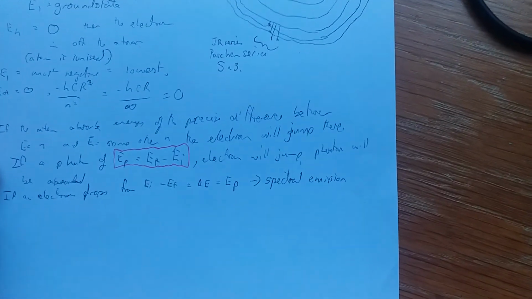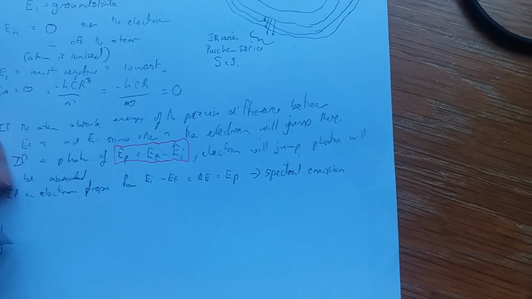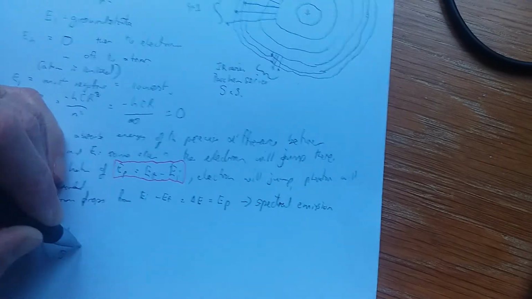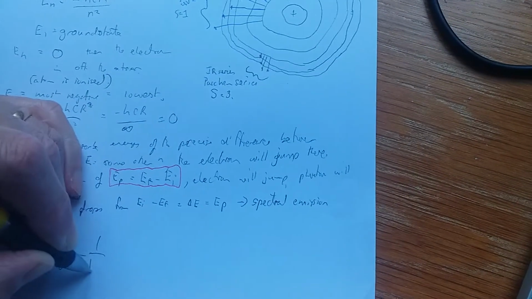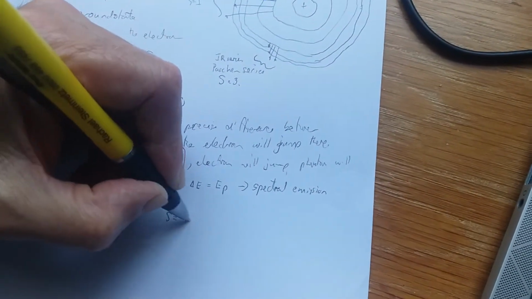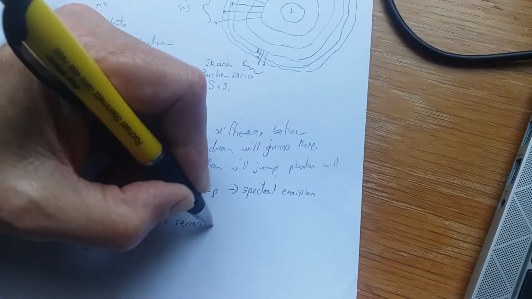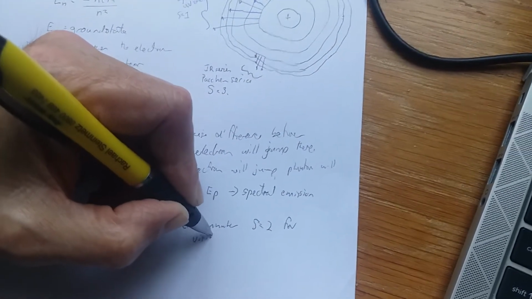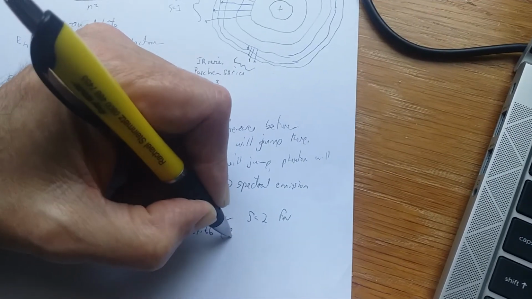So that leaves us with Rydberg's formula, which is 1 over lambda equals R into 1 over S squared minus 1 over L squared. And S is equal to the series number. So S equals 2 for visible, which is Balmer.